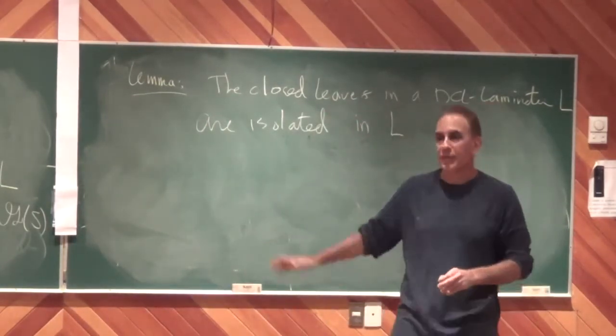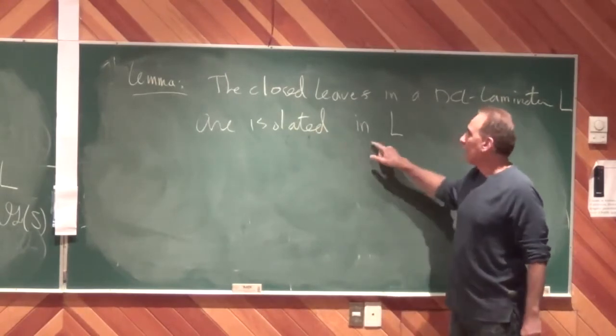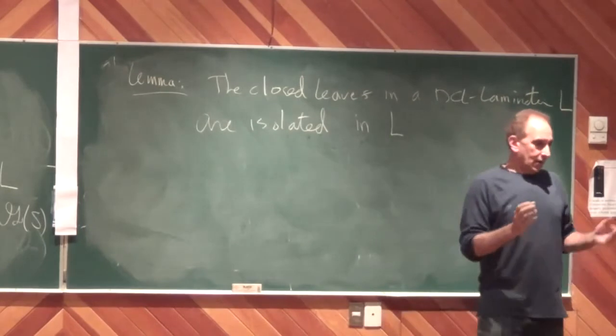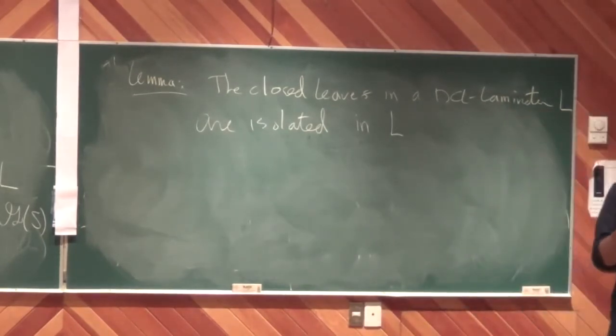So the proof is, why are they isolated? Start with a closed leaf. If it's not isolated, two possibilities. Either it's the limit of other closed leaves, but that can't happen because that would violate the column law. Or it's the limit of open leaves. But if it's the limit of open leaves, well, this is a DCL lamination.